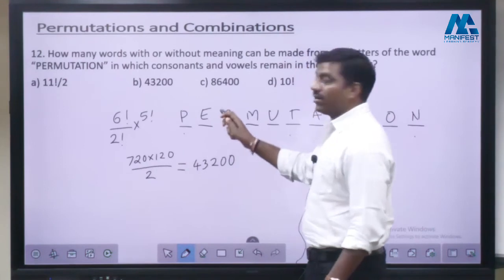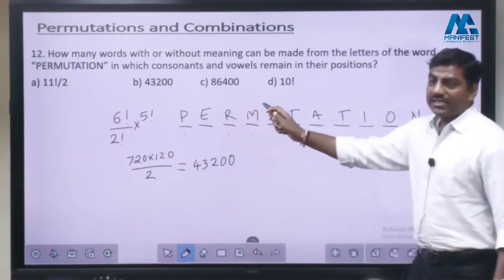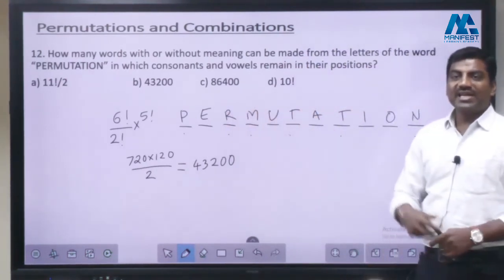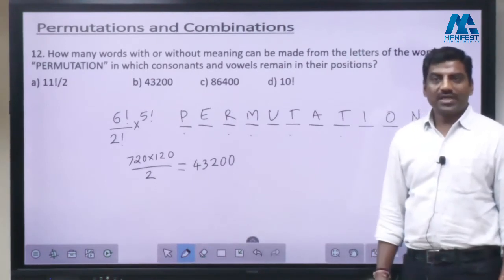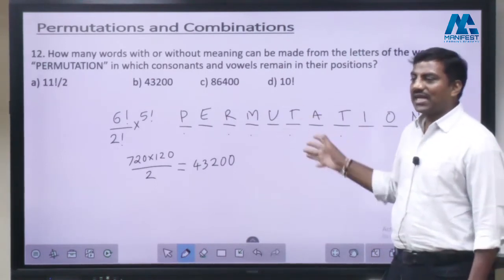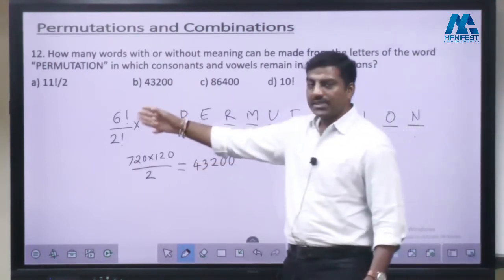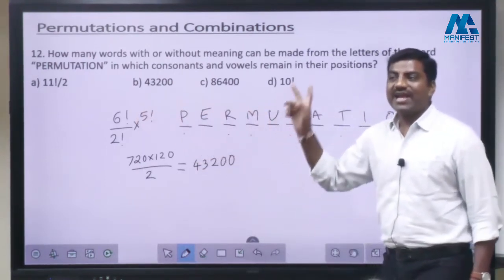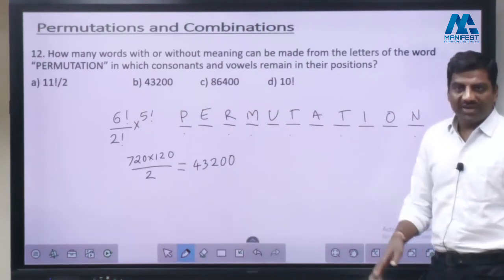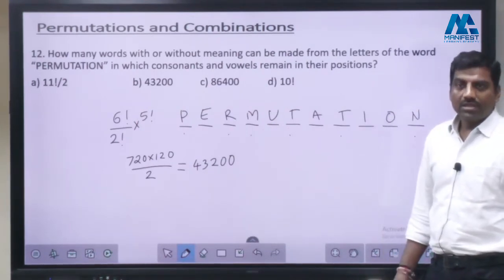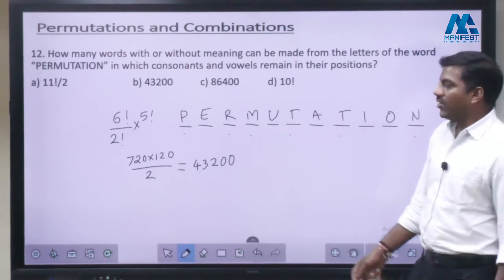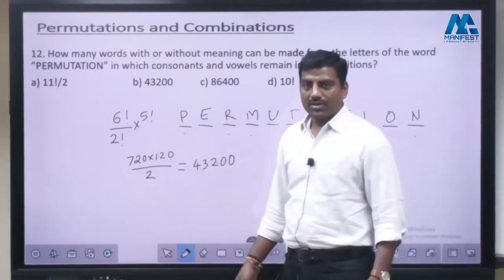What does this mean? These 6 consonants can interchange their positions. It is as good as 6 seats and 6 persons. They can interchange their positions, so how many ways? 6 factorial. But when T and T interchange their positions, there is no effect. So 2 factorial only.